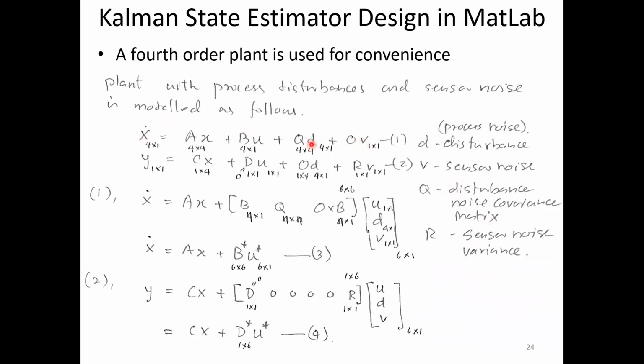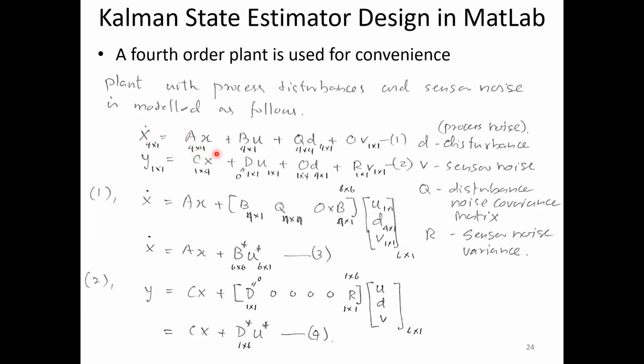I write the state dynamics in equation 1 here, x dot. x dot is 4 by 1, four numbers in a column vector. It's coming from the state variable vector x, which is also 4 by 1, and the matrix A, which is 4 by 4.